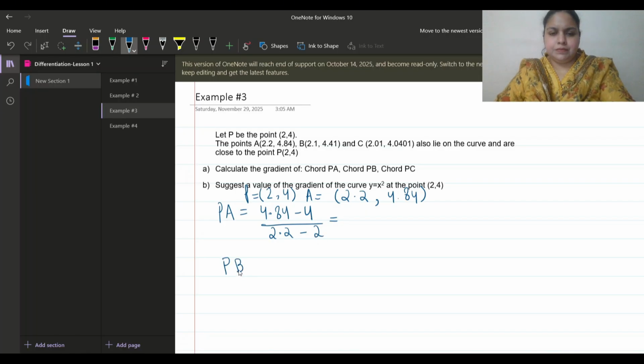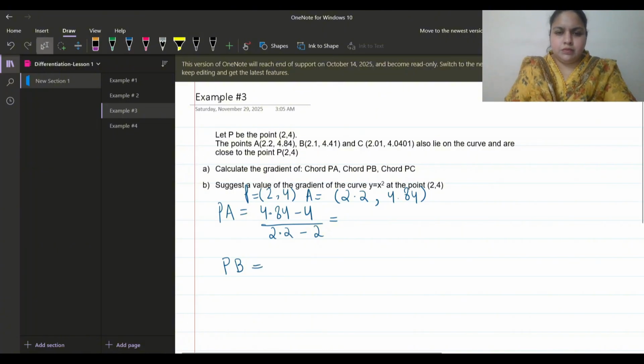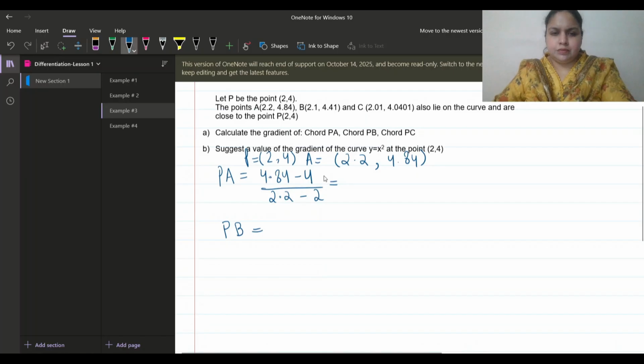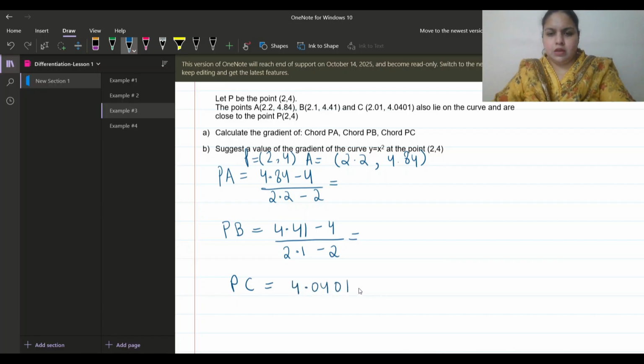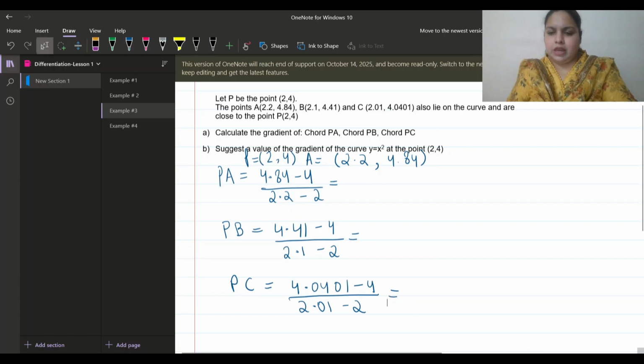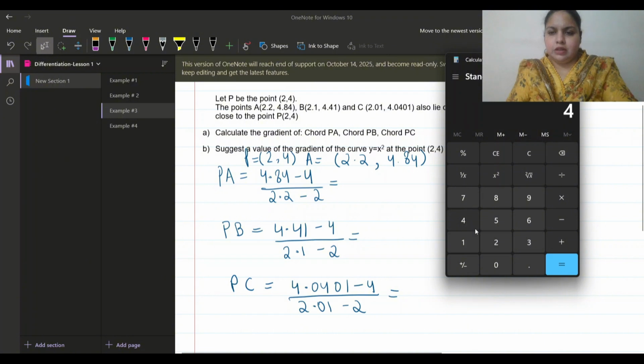Similarly, for PB, it's 4.41 minus 4 upon 2.1 minus 2. And for PC, 4.0401 minus 4 upon 2.01 minus 2. So I can use my calculator to calculate these values.